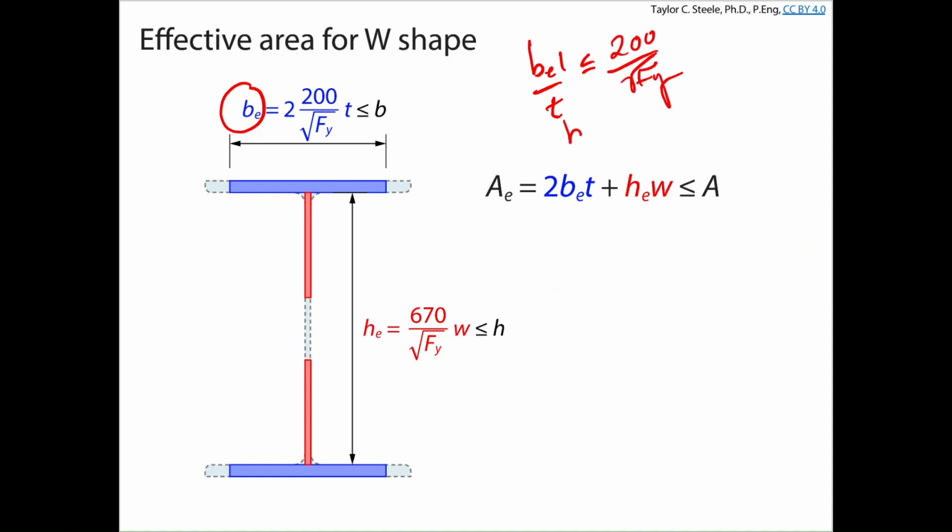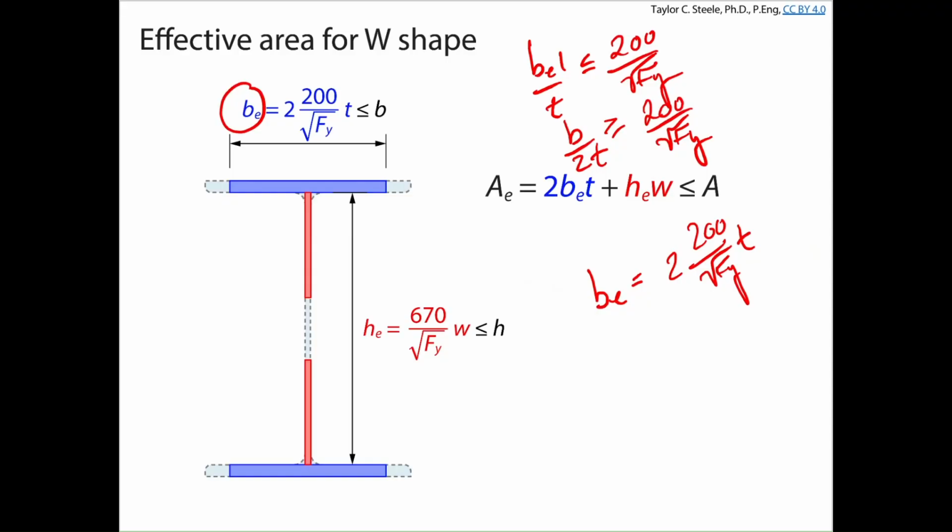Then if B/2T exceeds 200 over the square root of Fy, we're going to calculate a BE value, which is 2 times 200 over the square root of Fy times T. Or you could just say 400 over the square root of Fy times T. And that's going to be less than or equal to the B value that didn't meet Table 1 requirements.